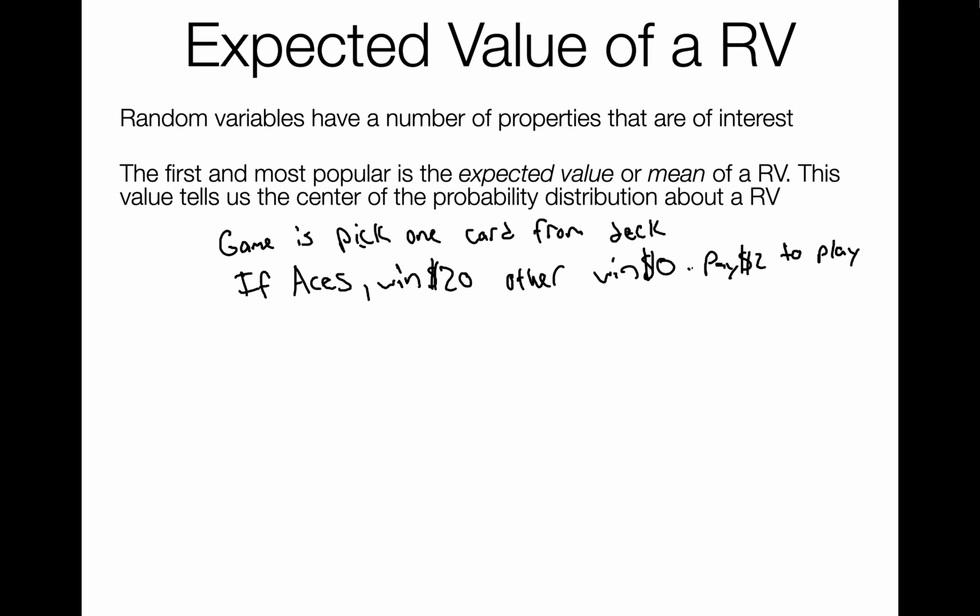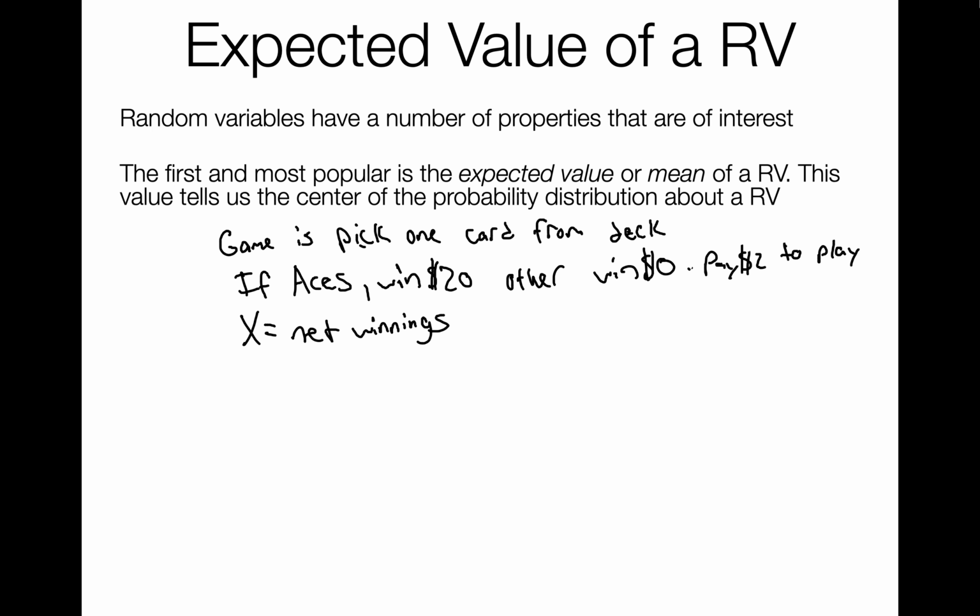All right, if I wanted to set up a probability distribution about my random variable, let X, the random variable, be my net winnings. I want to be sure to define this in the right way. Net winnings is what I walk away with from the game after I've played it.